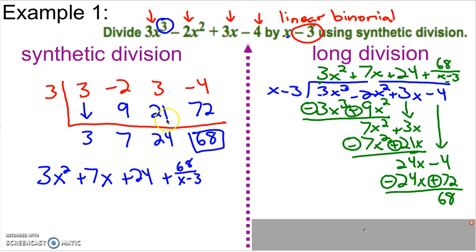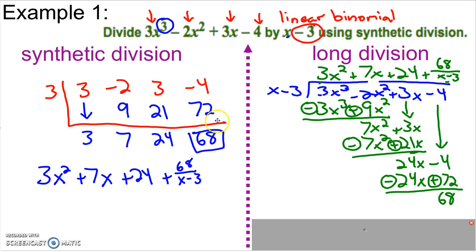You see this 9, 21, and 72? Here they are, 9, 21, and 72. And of course, the coefficients that we ended up with here, those are the answers that we ended up on top. We have to get the same answer. It's just a different way to arrive at the solution.